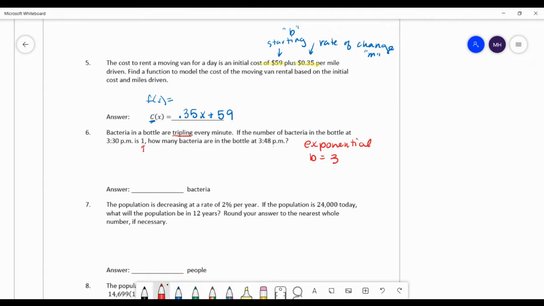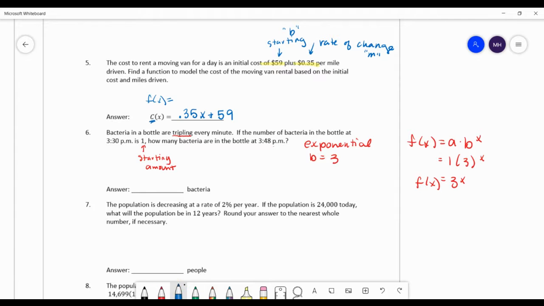Okay, so 1 is our starting amount. So our function for a times b to the power of x will be 1 times 3 to the power of x. And really we can just write that as 3 to the x.